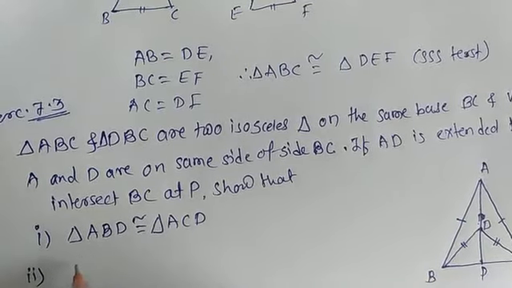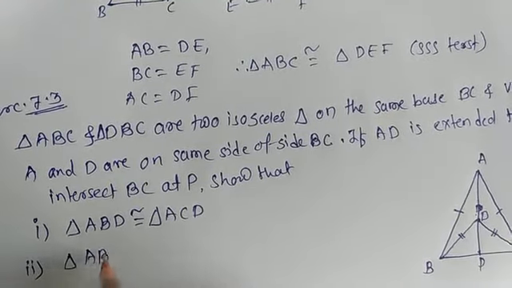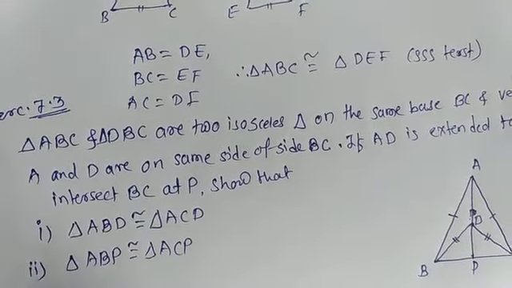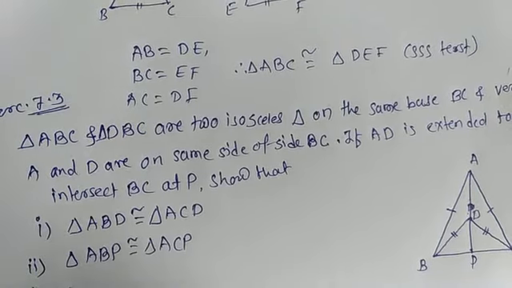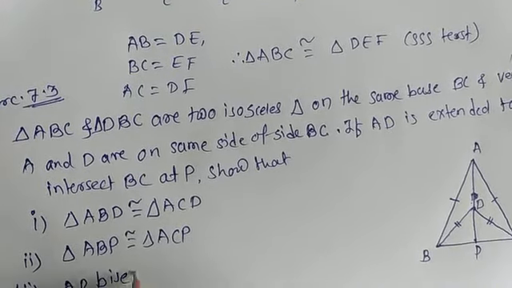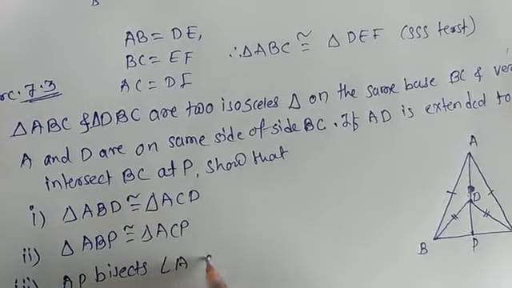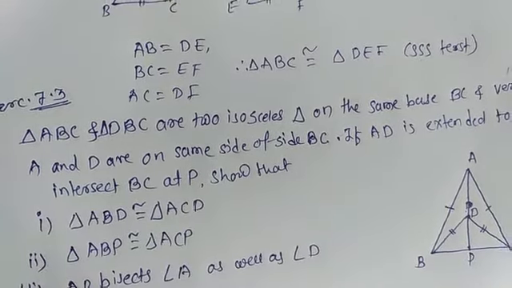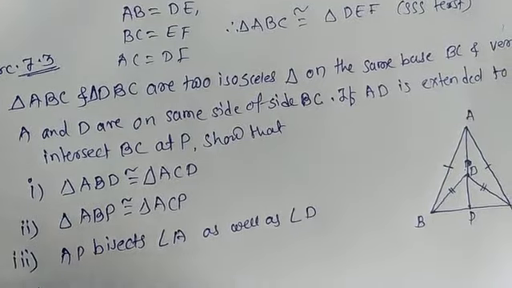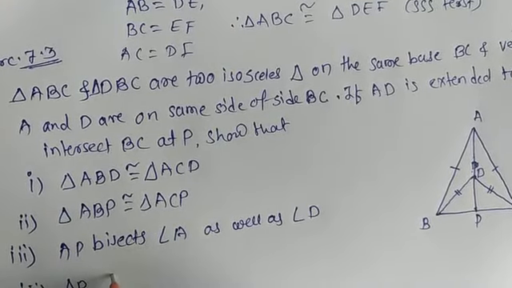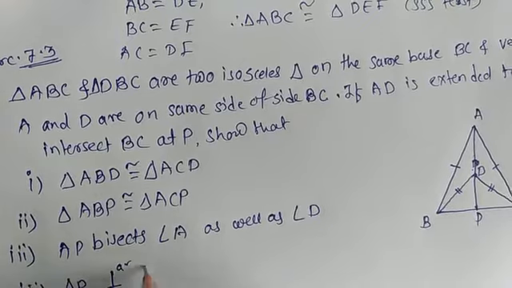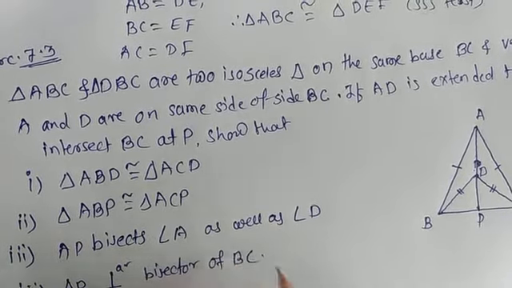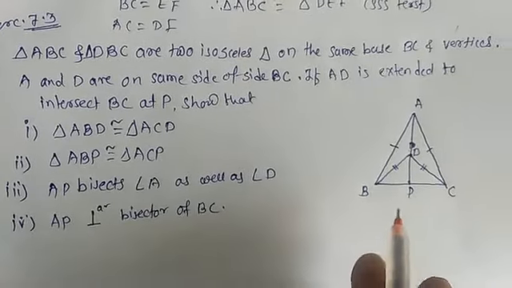Second, you have to prove that triangle ABP is congruent to triangle ACP. Third, you have to prove that AP bisects angle A as well as angle D. And fourth, you have to prove that AP is the perpendicular bisector of BC. This we want to prove here.